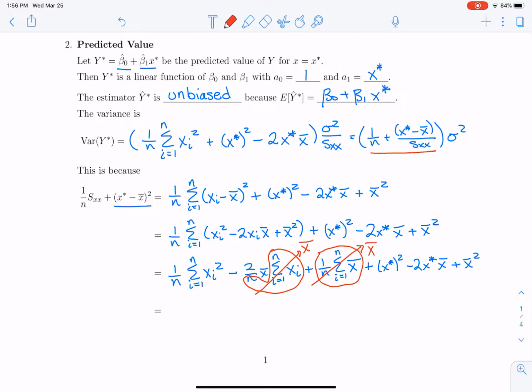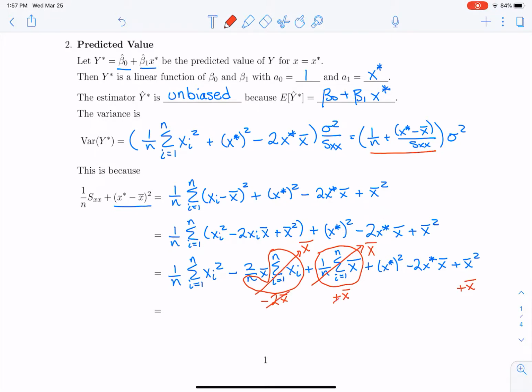And so what we have is a minus 2x bar here, a plus x bar here, and a plus x bar here.